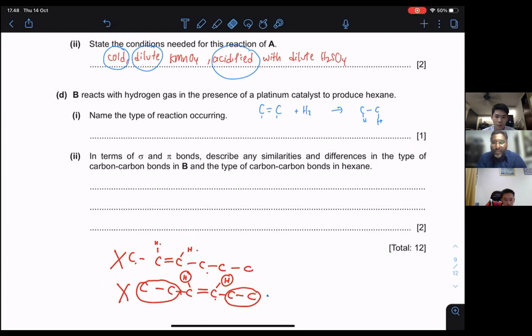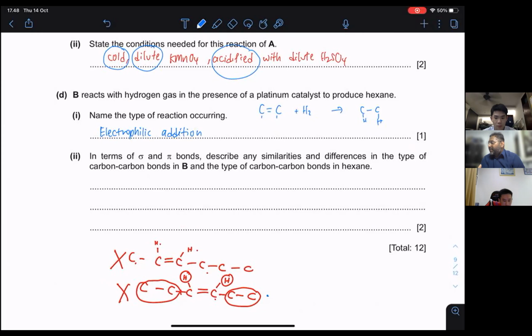Remember this. So the type of reaction is electrophilic addition, but it can also be known as hydrogenation. Let me look at the marking key. The marking key is not specific to electrophilic addition.